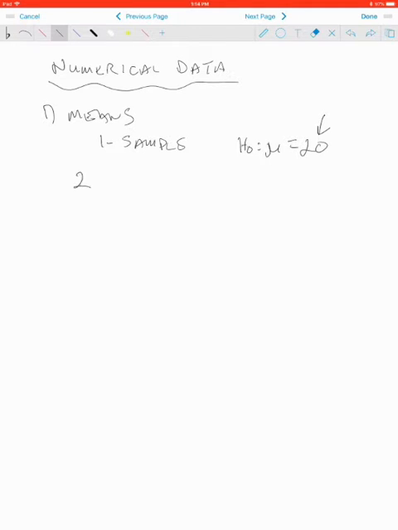If you have two independent samples and you want to compare means, you're in a two-sample or independent sample t-test. You could be one or two-sided.